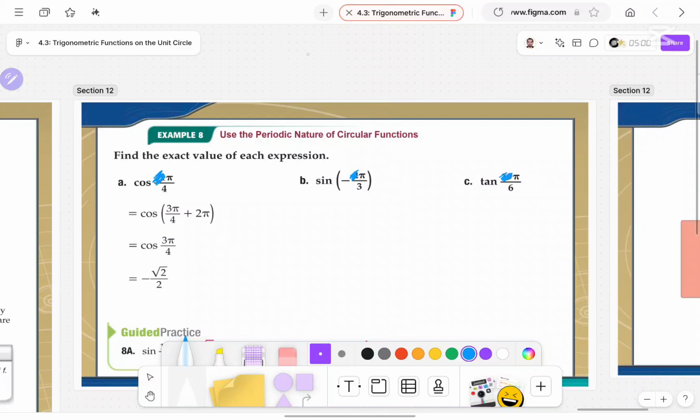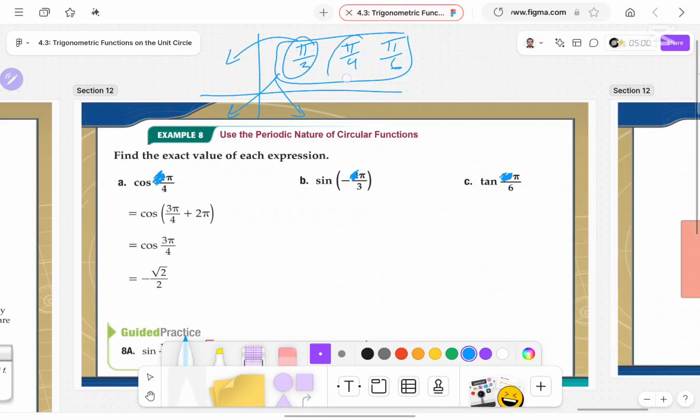Okay, the circle has pi over 3, pi over 4 and pi over 6, right? So these are repeated 4 times, right? In quadrant 1, also repeated in quadrant 2, also in quadrant 3, also in quadrant 4. So every one of these is repeated 4 times in quadrants 1, 2, 3, 4.